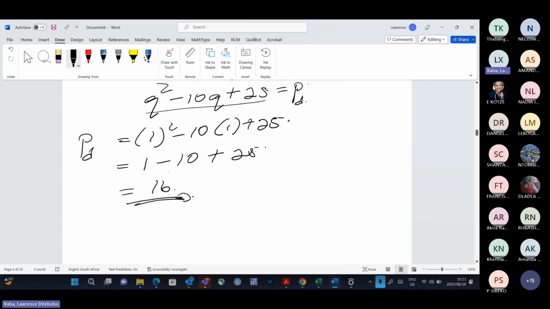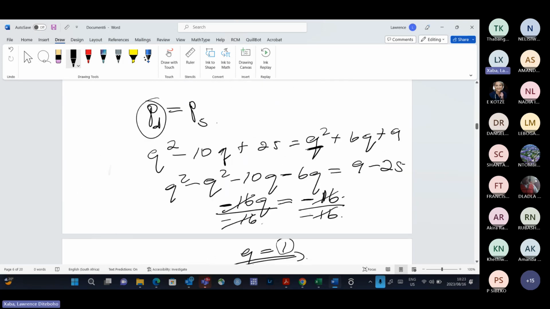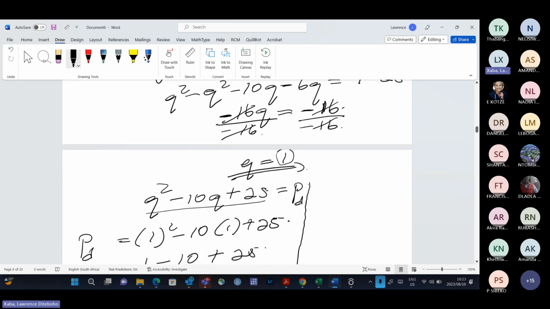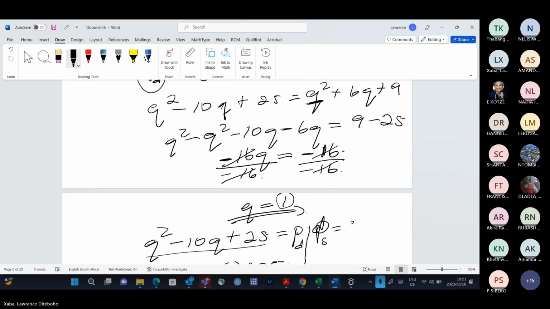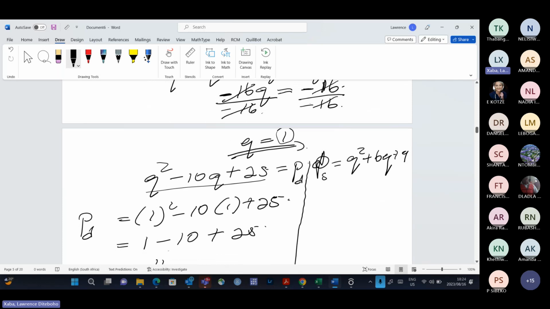Okay, let's try supply. The equation of supply: we have P subscript S equals Q squared plus 6Q plus 9. So we do the same. We take the very same value and substitute it into the equation.